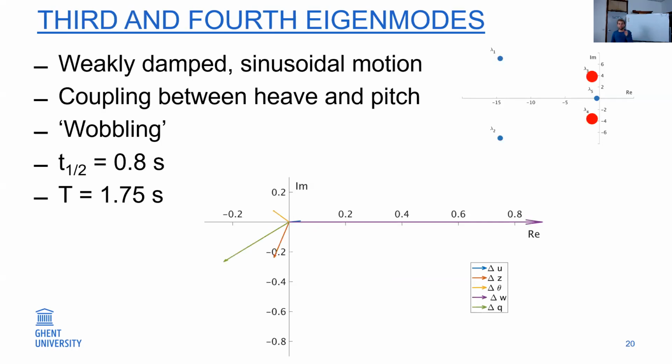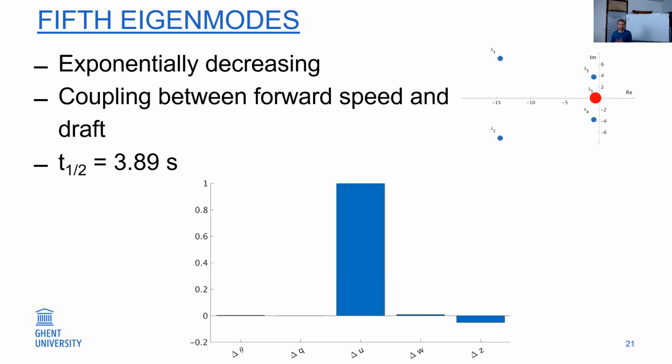The third and fourth eigenvalues are also a complex conjugate pair, and again a coupling between heave and pitch, some kind of wobbling motion, but the real part is much less negative, still negative, so it will be less damped. Where the first and second eigenvalues would damp out quite quickly, the third and fourth lead to a very gradually decaying motion.